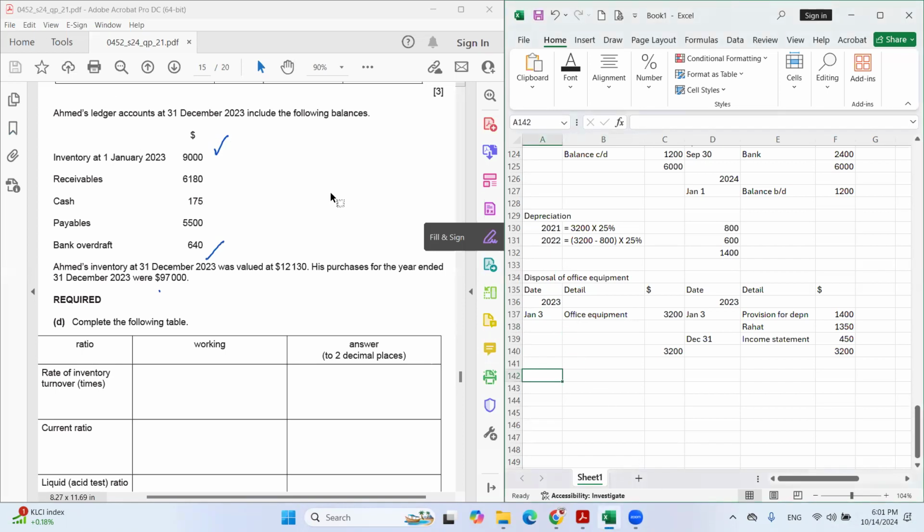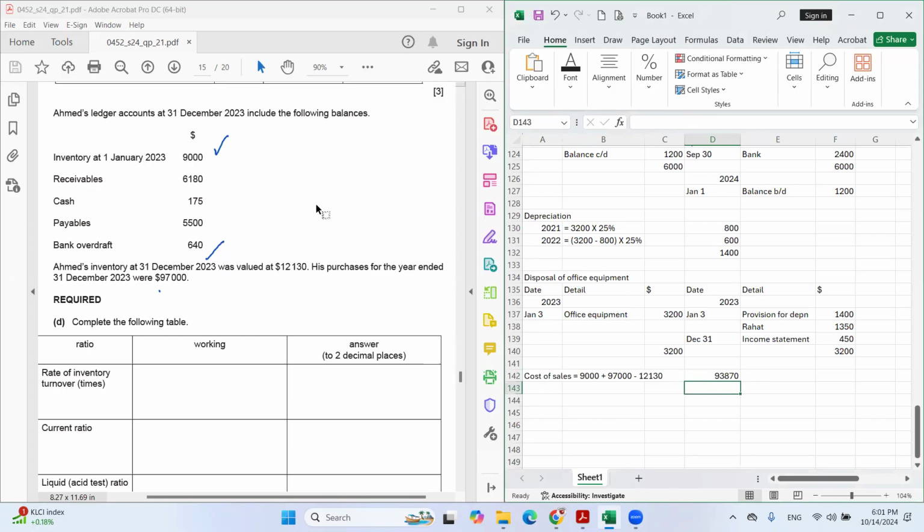In this case, we calculate the cost of sales first. How are we going to calculate the cost of sales? Take the opening inventory plus the purchases. The purchases for the year is 97,000. Closing inventory is 12,130. So we get 9,000 plus 97,000 minus 12,130.